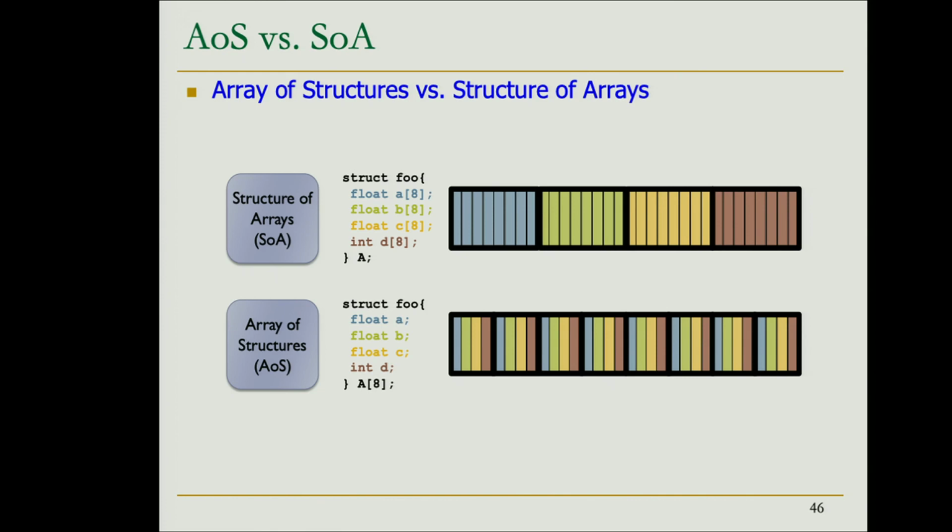These are two different ways of organizing data, an array of structures or a structure of arrays. The data is exactly the same, so we have two possibilities here. This struct contains 4 arrays, A, B, C, and D. And here we have an array of structures, and in each struct we have elements of A, B, C, and D, right?